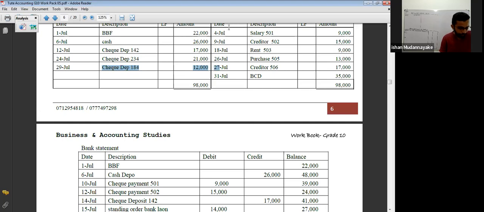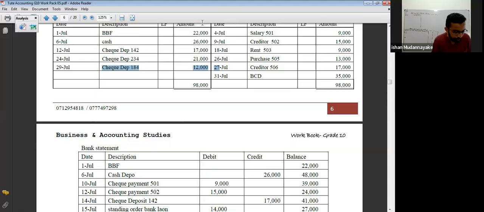You have deposited a 12,000 check, but the cash has still not been realized. It means the bank has not yet collected cash for that check. That is not your fault. It is not an error of the business. It is a technical delay in Sri Lanka.